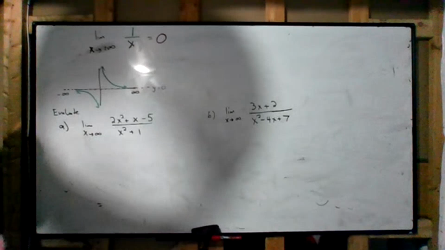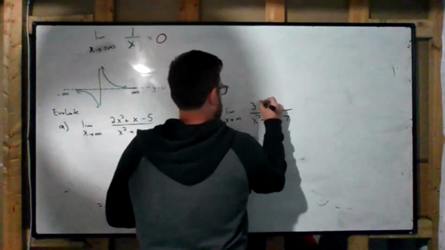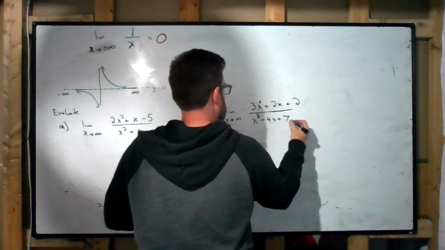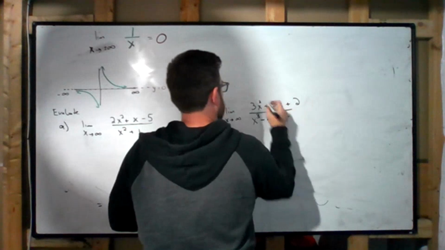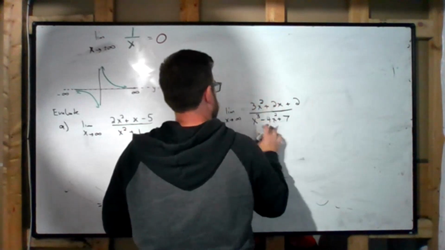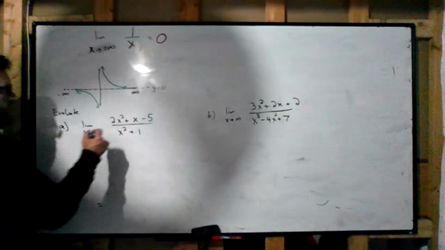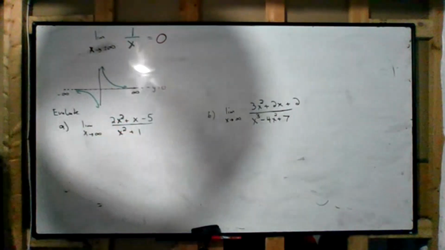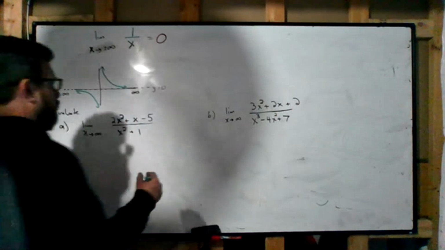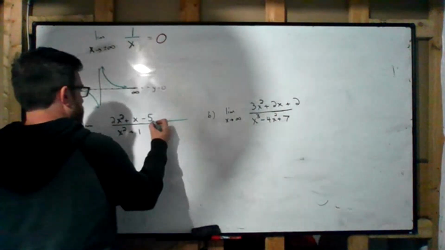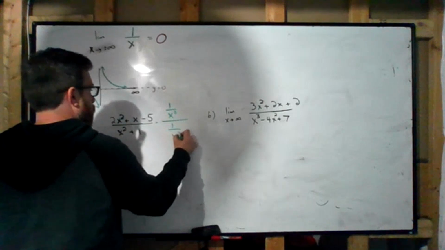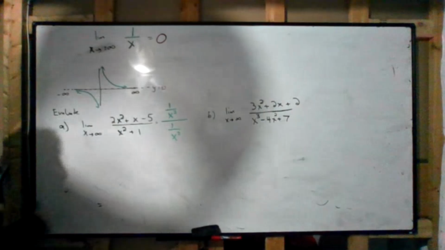I'll make this x cubed: 2x squared plus x minus 5 over x squared plus 2x cubed. In both cases, these have an x squared in them. This is the variable to the highest power that I see. So I'm going to multiply top and bottom by 1, but in such a way that I cancel that highest power. So I'm going to multiply top and bottom by 1 over x squared, taking advantage of the highest power.